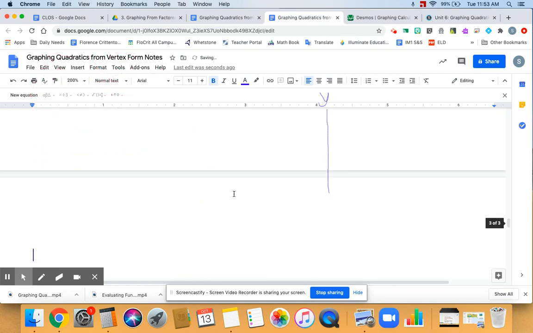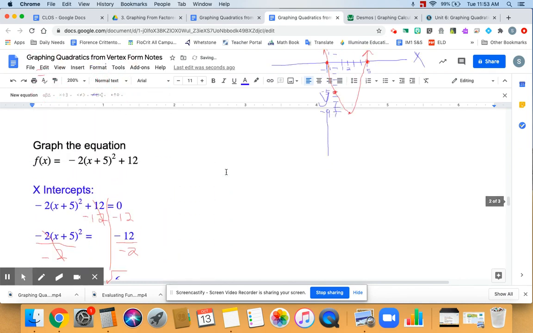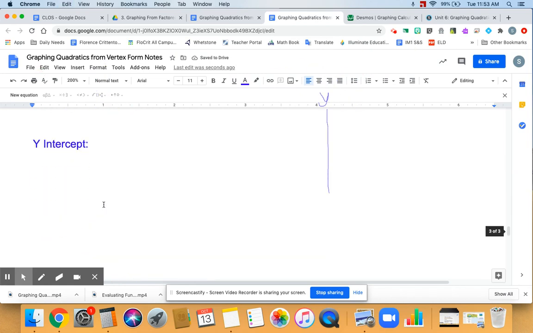Next, we're going to do the y-intercept by taking my equation, and instead of x right here, what do we put? 0.